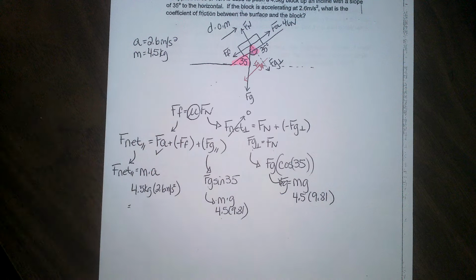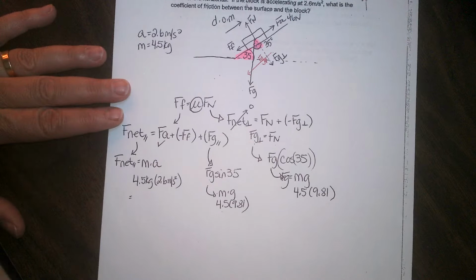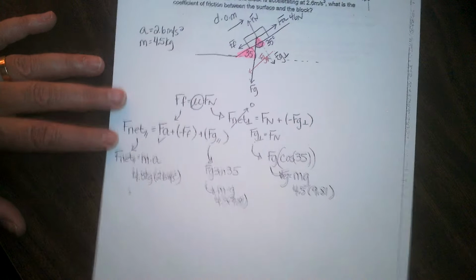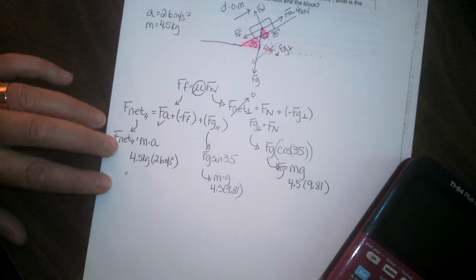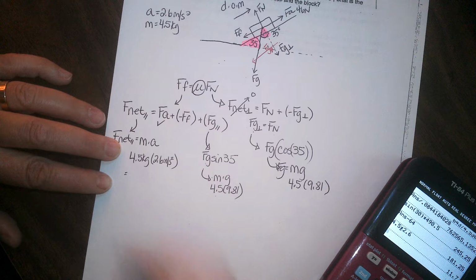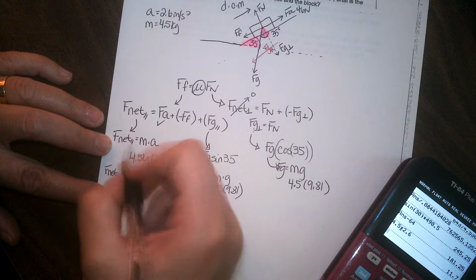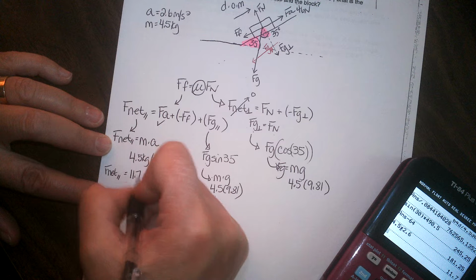Now we can start going back and filling back up the columns and doing the reverse math. So I'm just going to start on the left-hand side, and I'm just going to work across each tower. So force net is going to be equal to 4.5 times 2.6. So force net parallel is equal to 11.7 newtons.